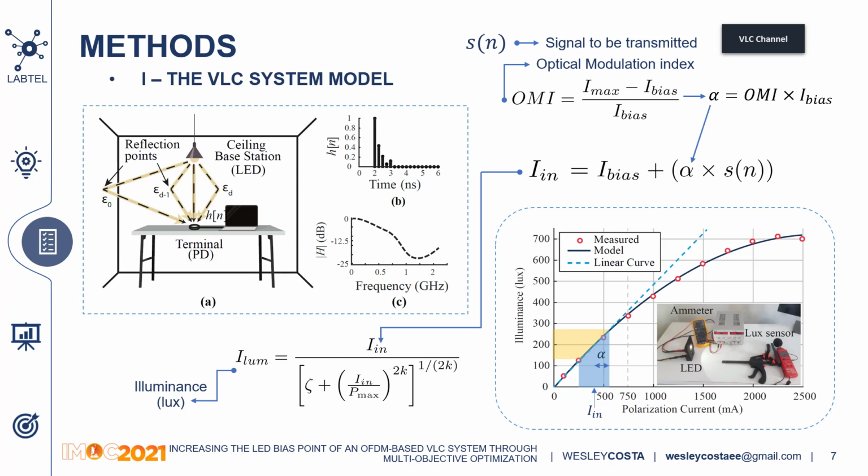And then we have an electrical to optical conversion that is expressed by this curve. And this curve is a nonlinear curve that is expressed by this equation. In this case, we have zeta as an adjustment constant. Pmax is the maximum luminous intensity emitted by the LED in lux. And K is the factor that adjusts the smoothness of the intensity saturation.